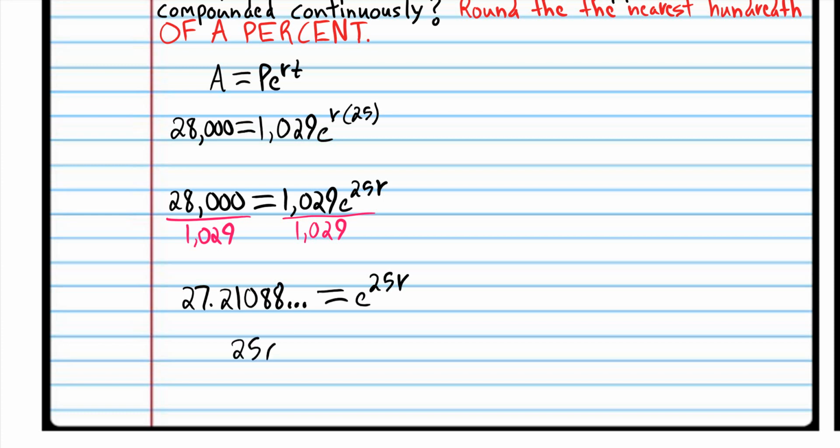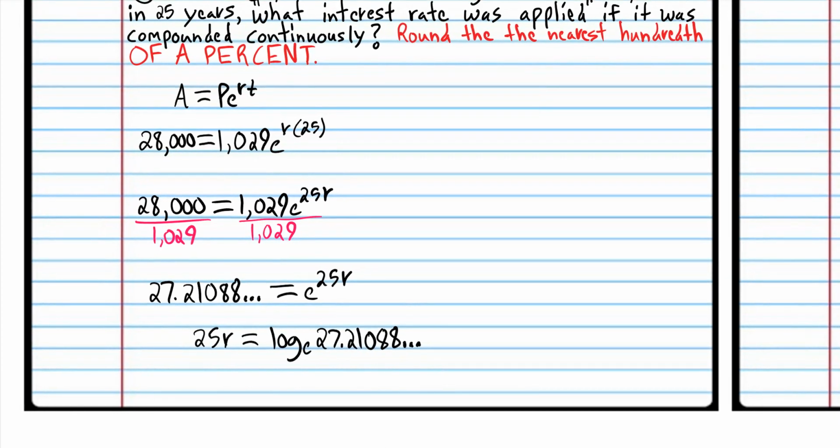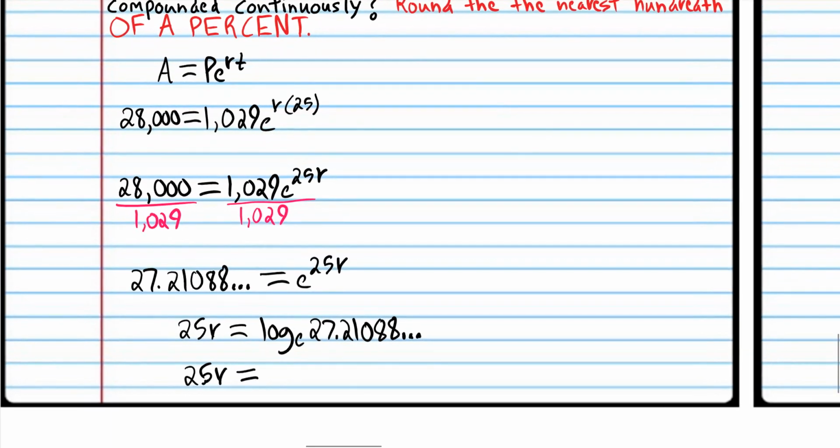The exponent is equal to log base, whatever the base is, and in this case it's e, of that number there. And I want you to keep that number in your calculator, a number that's not rounded off. So that's how we tell our calculator to find that logarithm. It's just a notation that we use.